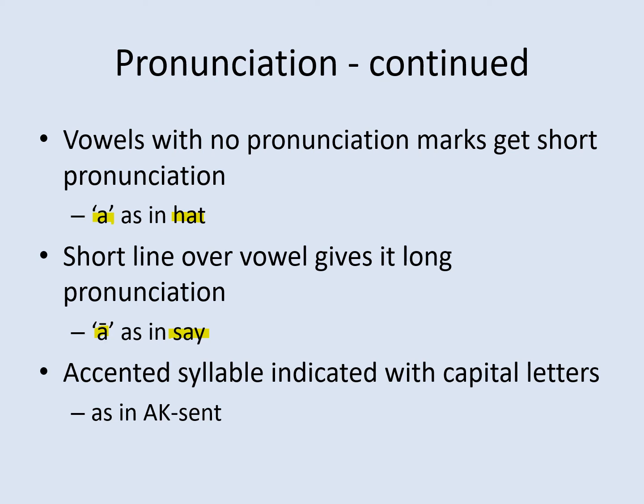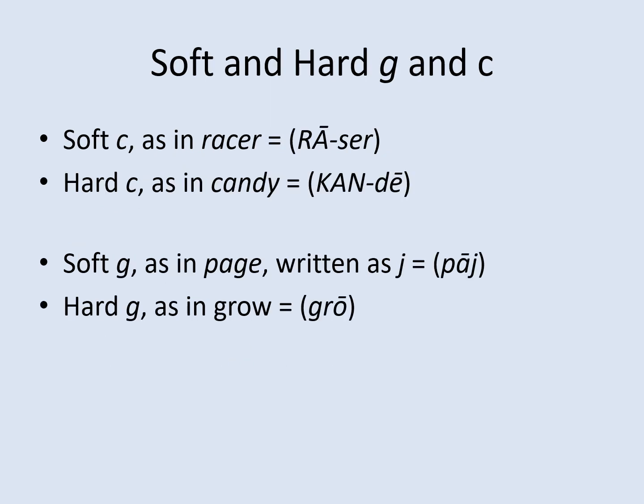And the accented syllable is indicated with capital letters as an accent. In this case, the accented syllable is the first one. You can have a soft C as in racer.